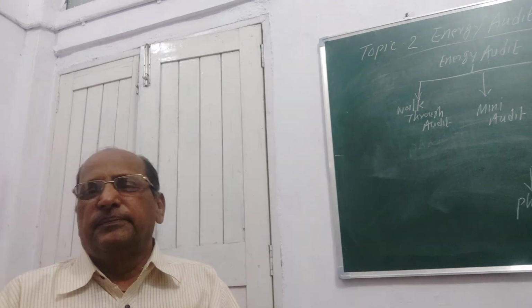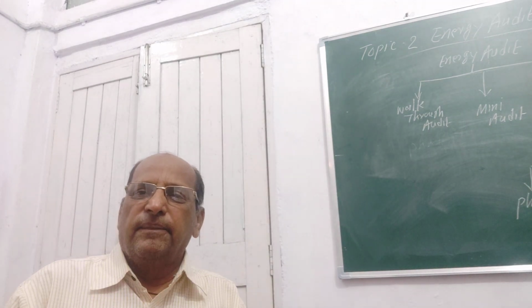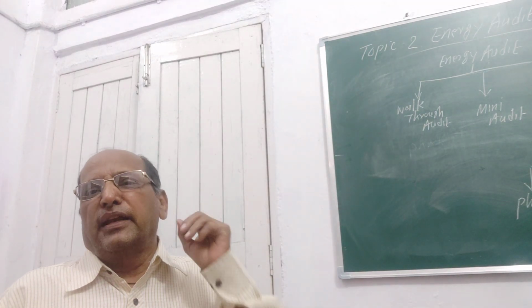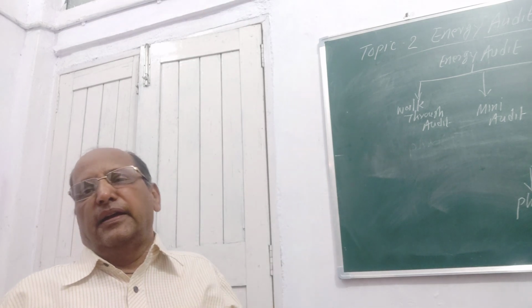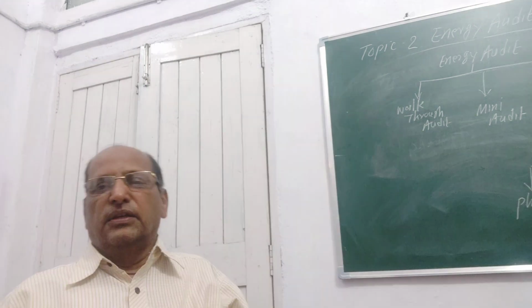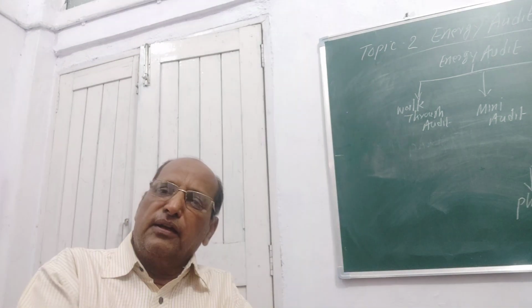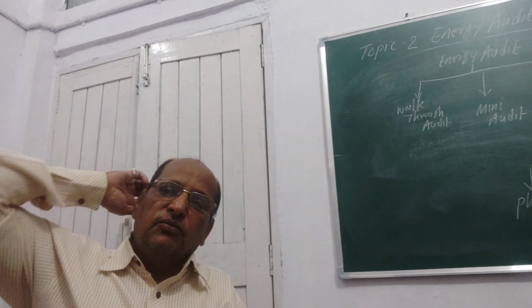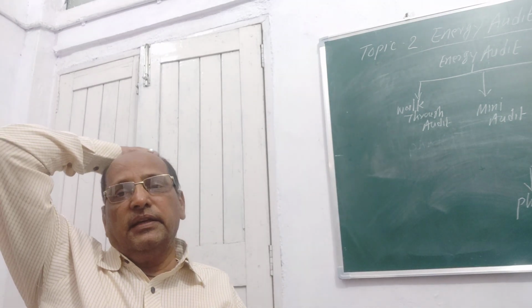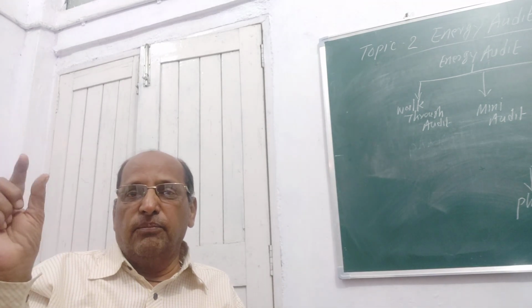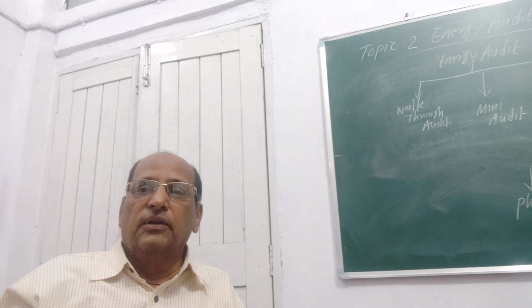For example, if a machine is required to run at 0.95 power factor, and if you actually work on the machine experimentally, then you will find out that this machine is working on 0.67 power factor. So there is a big gap between 0.95 and 0.67.